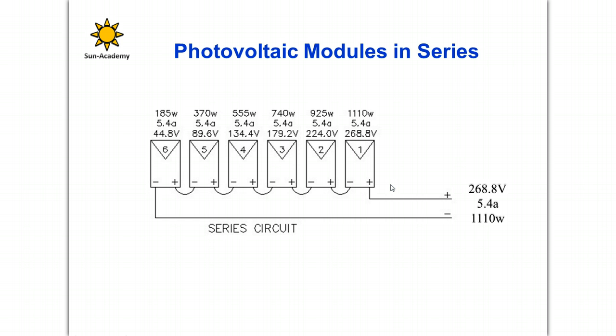When you measure voltage across each module, the voltage adds and the amperage remains the same. 44.8 volts plus another 44.8 volts is 89.6, plus another 44.8 is 134, and so on, till the total voltage measured across the system is 268 volts. And although each module is 5.4 amps, regardless of where you measure the amperage, it is always 5.4 amps.